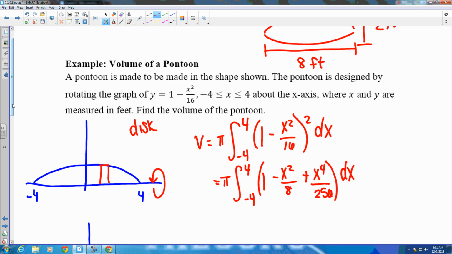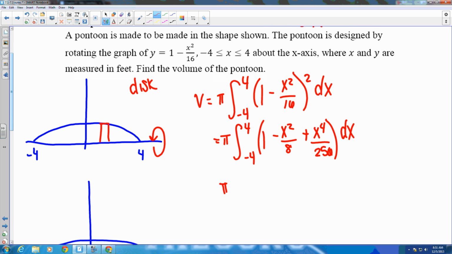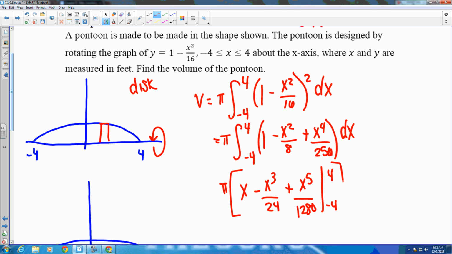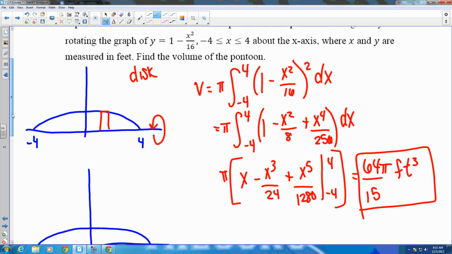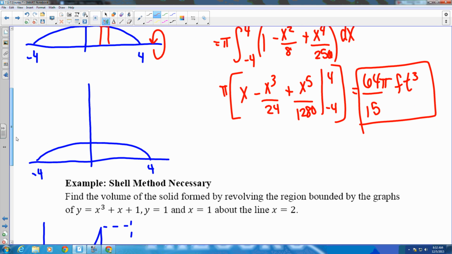All right, take the integral. Oops. x minus x cubed over 24 plus x to the 5th over 1280, evaluated from -4 to 4. It's 64 pi over 15 feet cubed for the volume. Now let's look at what would happen if we did the shell method.